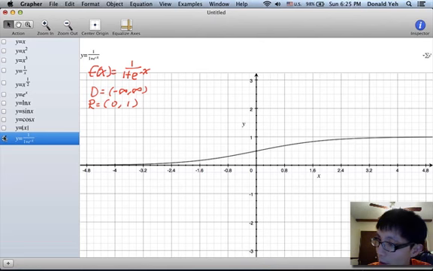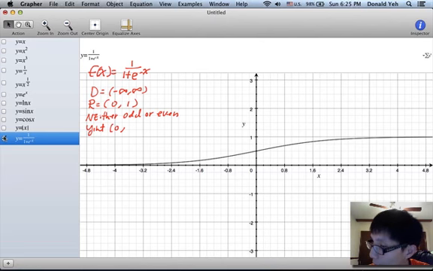And is it an even function? It is neither odd nor even. And is there a discontinuity somewhere? No. The y-intercept is at 0 and a half. Is it bounded?